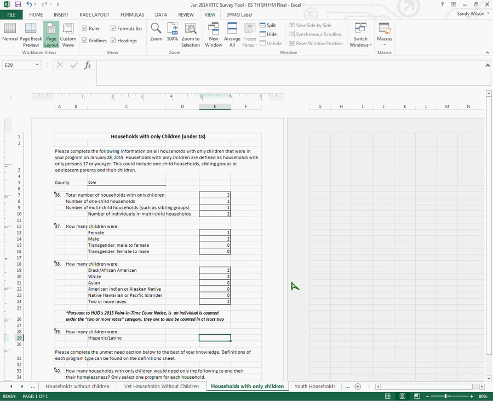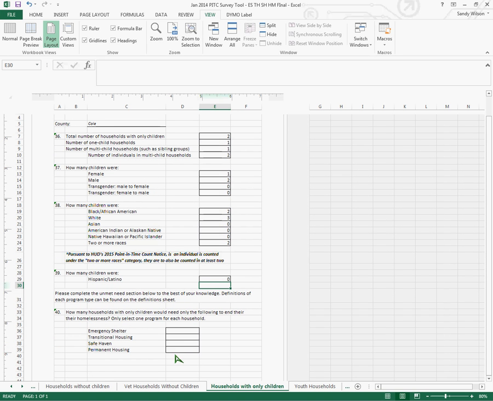Then in this example, I want to look and see, do I have any who are Hispanic? And I do not. Now, again, I'm going to answer my question on unmet need by looking at the 2 households listed in question 37. In this example, I do not feel that either household will be able to end their homelessness with only the stay in my emergency shelter.